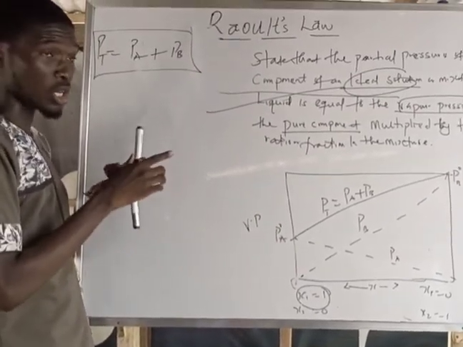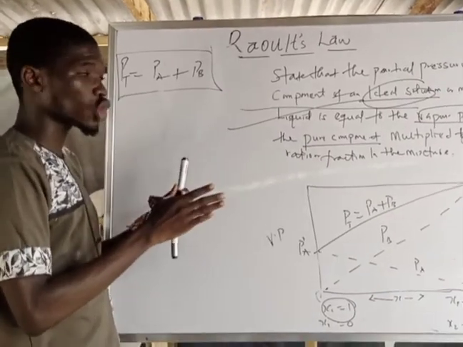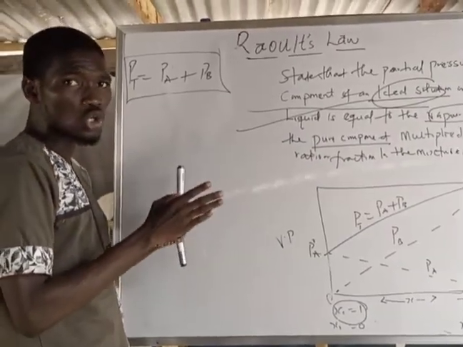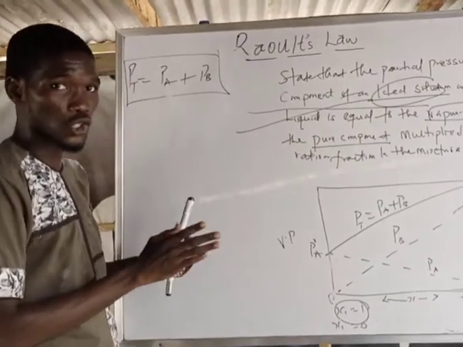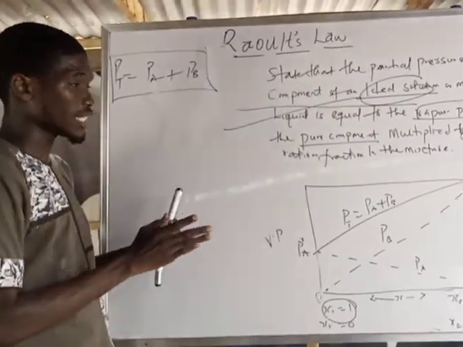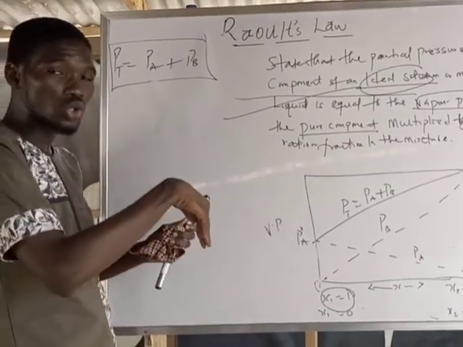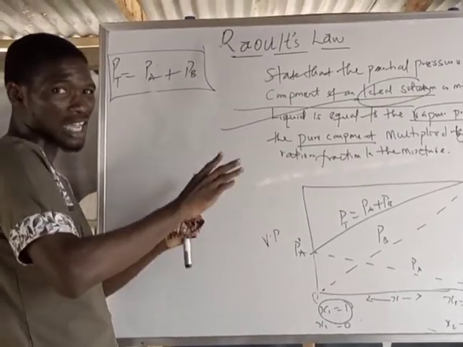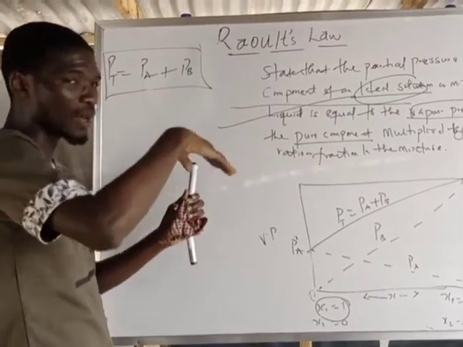An ideal solution makes us understand that it can be defined as a substance or molecules which undergo complete uniformity of cohesive force. That is, if all molecules undergo it at the same time, they move in the same way. So that's the meaning of cohesive force.